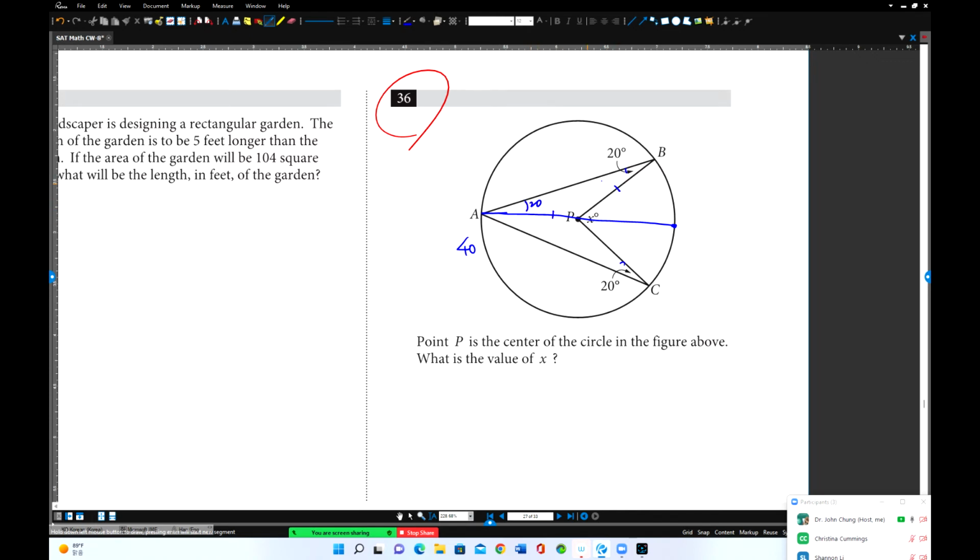This is 20, this is 20. This is exterior angle, right? Exterior angle is what? Sum of 2 remote interior angles. 20 plus 20 is 40. This also 20, 20, and 40. The sum of these 2 angles is 80. You can solve this way using exterior angle theorem. It's okay, right? Okay, number 36 equals 80 is the answer, okay?